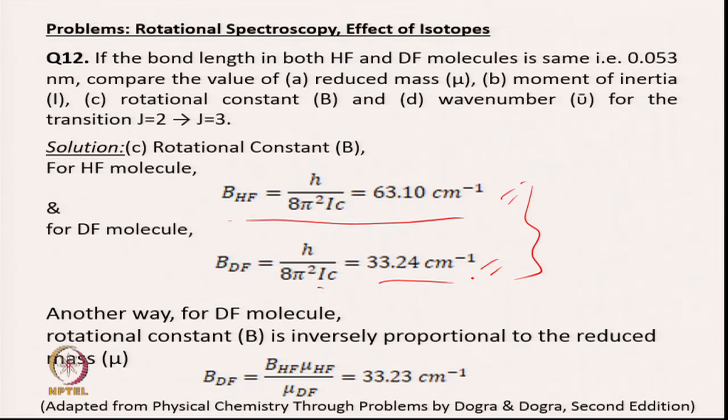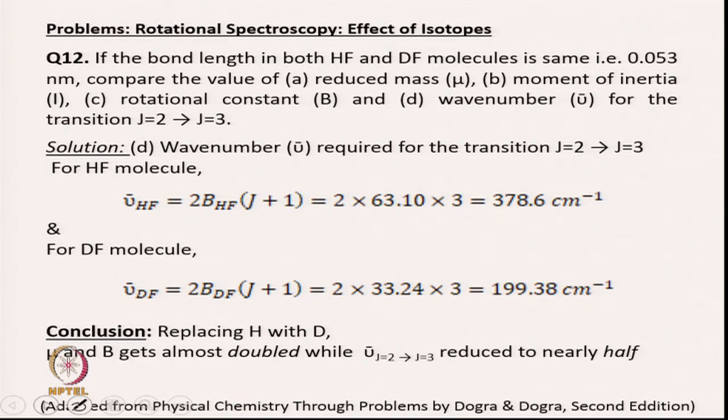That is what is written here: by using the concept that rotational constant is inversely proportional to reduced mass, we can calculate the B value of DF. Since we know the B value of HF, we may not need to calculate this. We can simply use this formula, B HF into mu HF by mu DF.